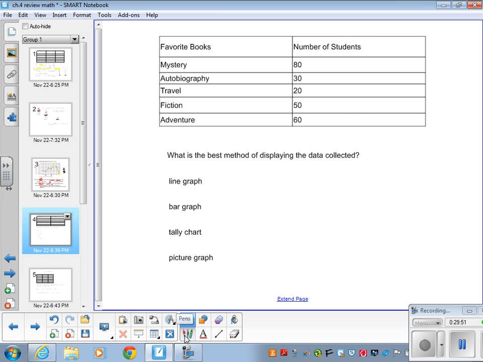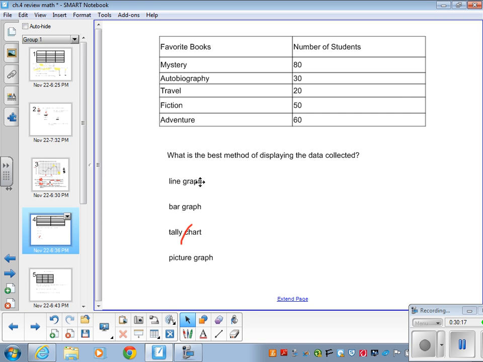So right now, I can cross out tally chart because I know that's not one of the answers. A tally chart and a table are both ways of collecting data, and they're used to create a graph.